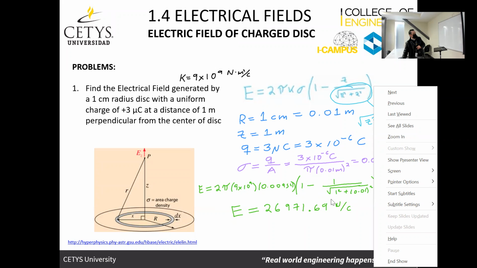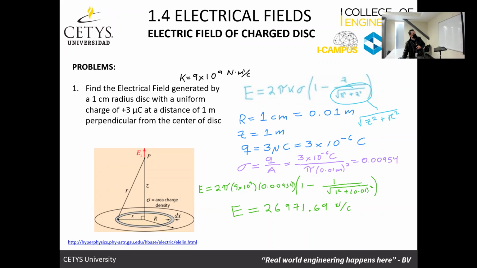Don't forget the 2 on this side, everybody. Over at home, what values are you getting? I got the value that is already on the board. You have 53,000. So some of you have 53,000.